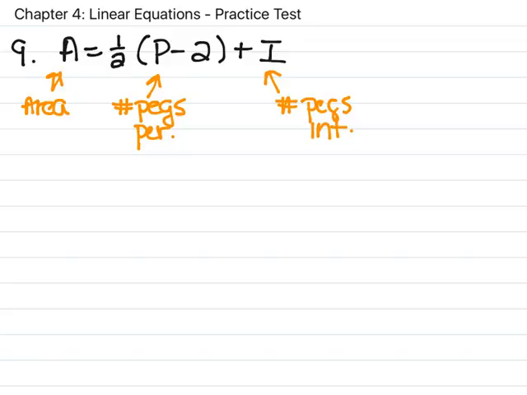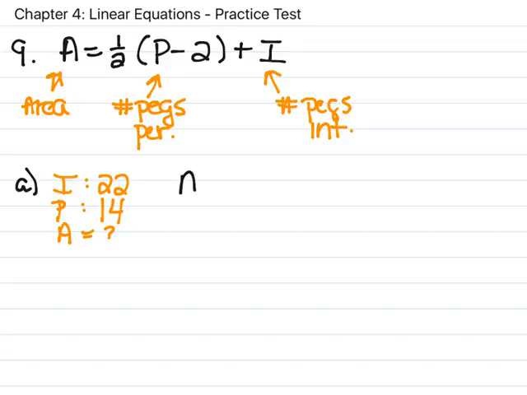So, in question A, you're asked to find the area when there's 22 pegs on the interior. So when I equals 22, and when there's 14 on the perimeter, so P is 14, and it's area you're looking for. So you just plug the values in.